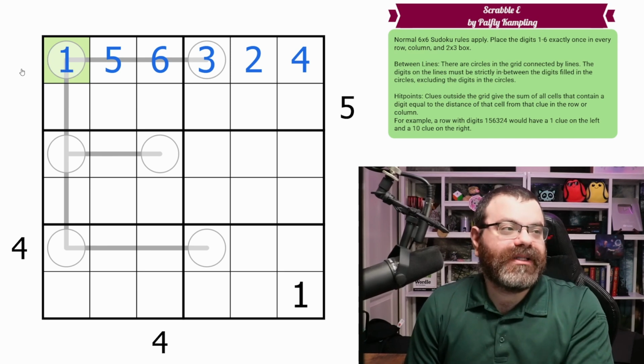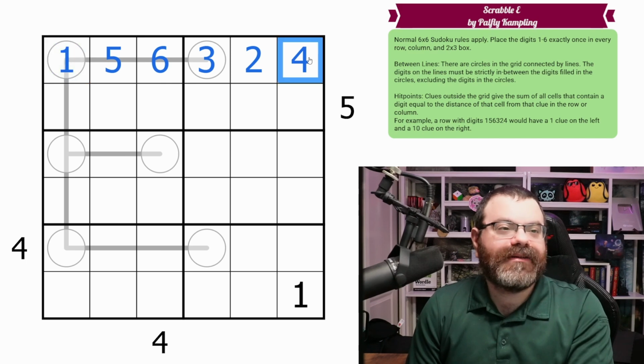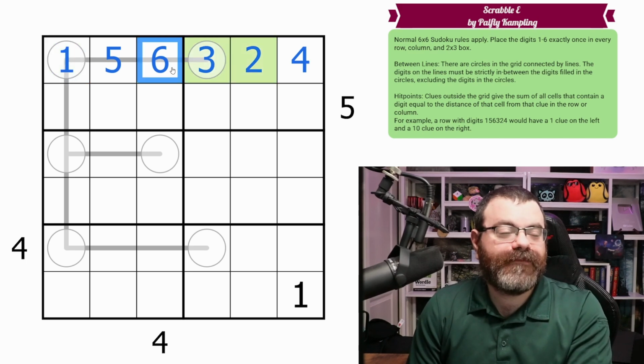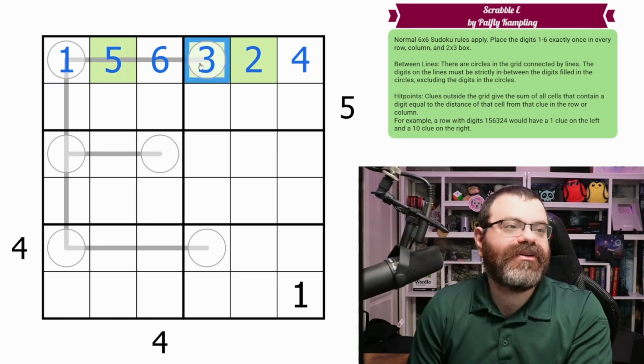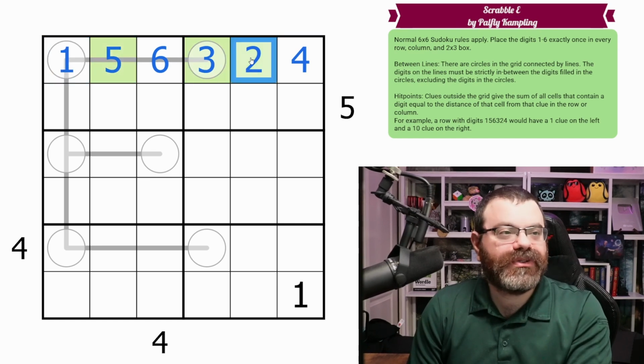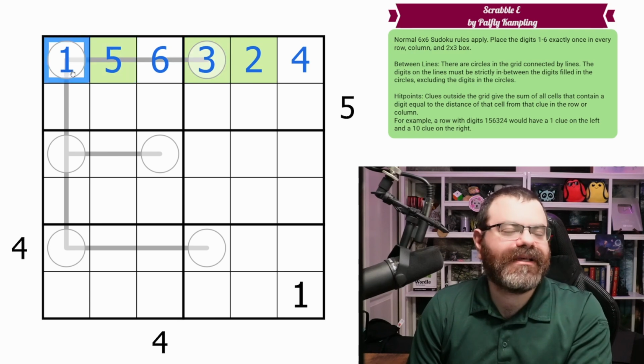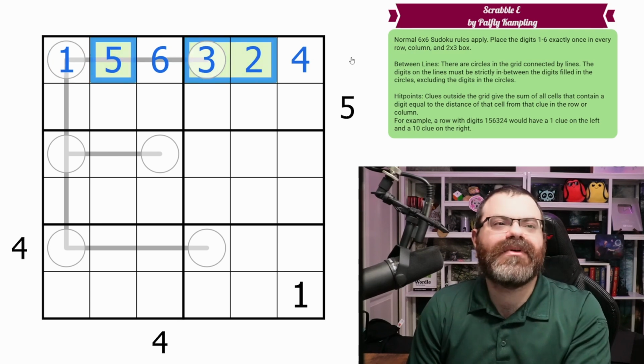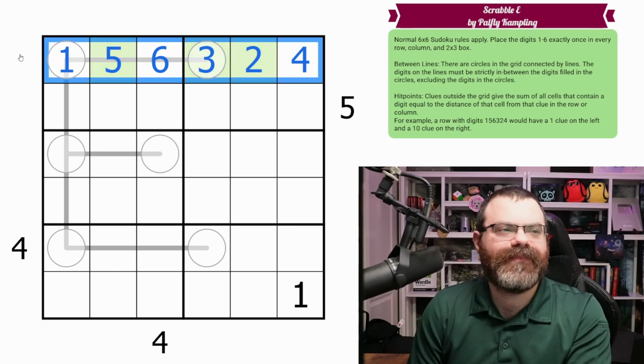So the clue would be 1 on the left side. Now on the right side, 1, 2, 3, 4, 5, 6. Notice I made green the ones that matched as I counted from the right side. 1, 2, 3, 4, 5, 6. Then we sum those up. 5 plus 3 plus 2 is 10. There would need to be a 10 clue on the right side.